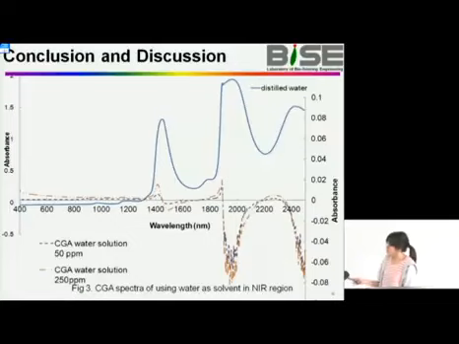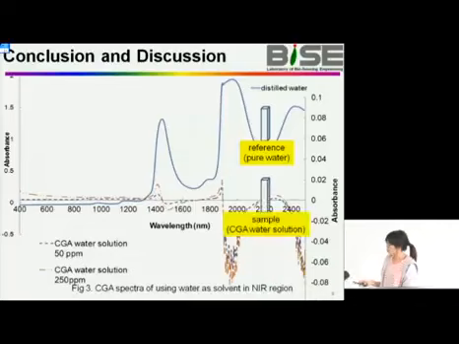We can see that water absorption is more than 1.5 and the CGA absorption is just 0.02. So compared to the reference pure water, our sample CGA water solution contains less water concentration, so the absorption of the sample is lower than the reference. Then the spectrum becomes negative.